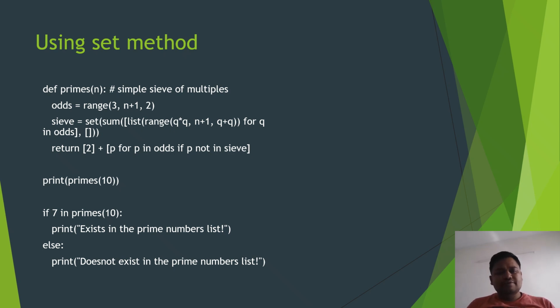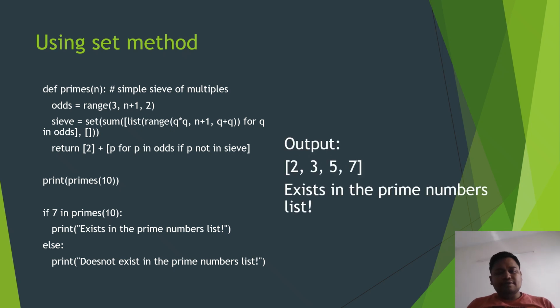Return 2 plus p for p in odds if p is not in sieve. So let's see the output for print primes(10): a list of prime numbers from range 1 to 10, that is 2, 3, 5, 7. And checking if 7 is in primes(10), that is, 7 in the list 2, 3, 5, 7, it prints that it exists in the prime numbers list.